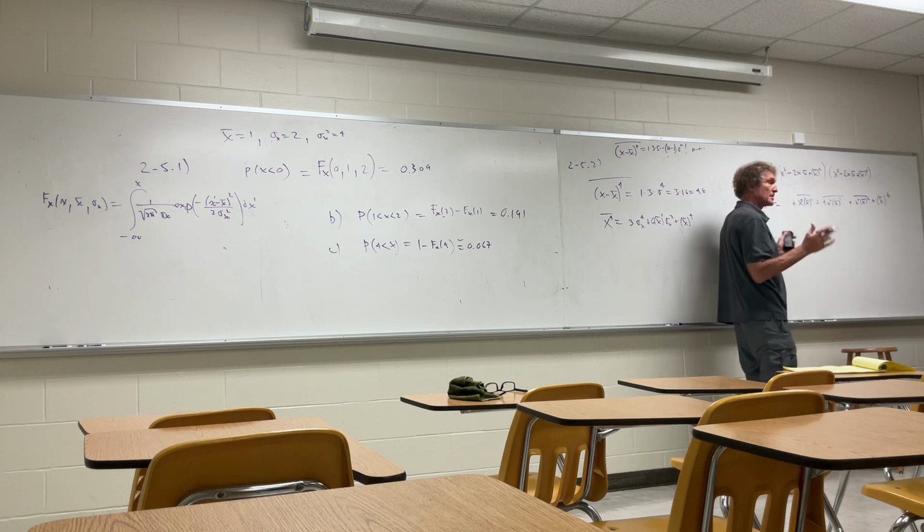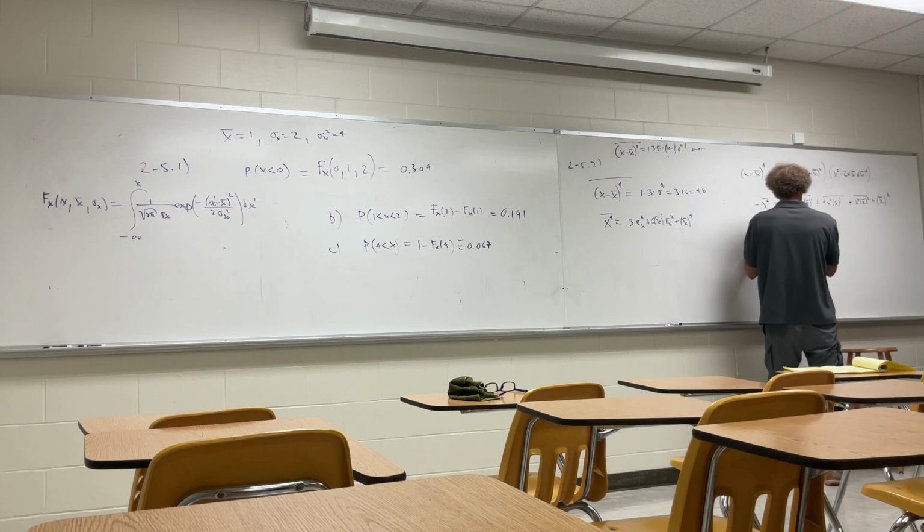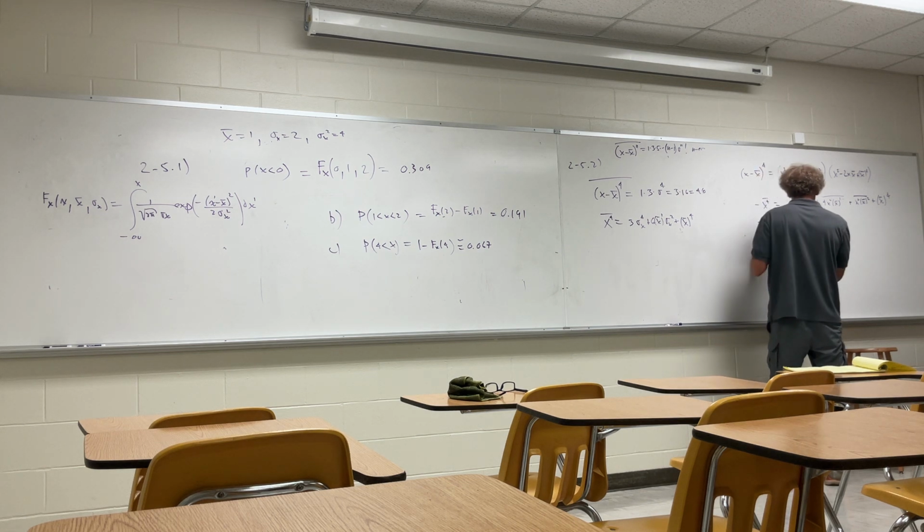I'm gonna leave it like that, don't worry about the signs. This one right here, well, the x bar squared is a constant, so x squared here, I can say that, let me do it this way.